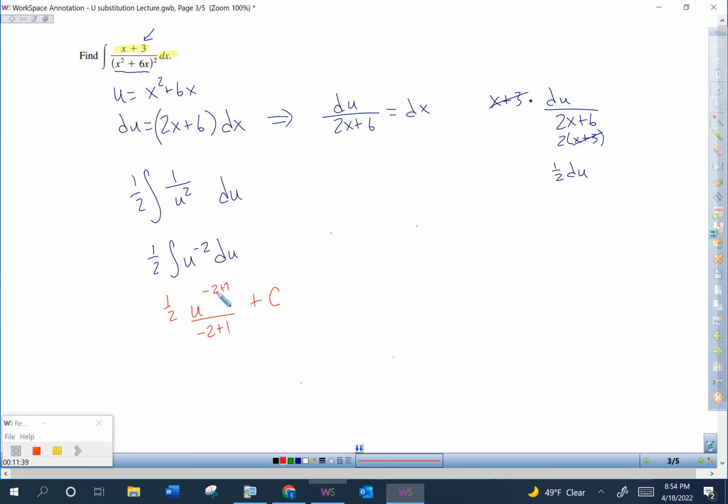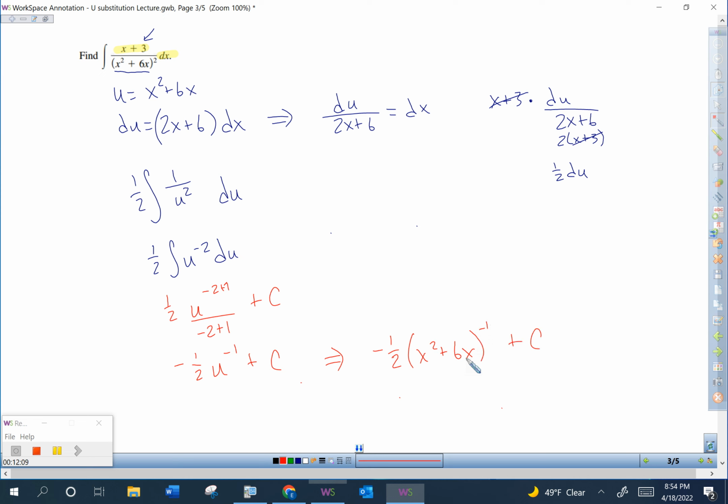So here, a negative 2 plus 1 is a negative 1, and I'm dividing by negative 1 as well. Dividing by negative 1 just puts a negative out here. That's okay. And then we can substitute and rearrange if we'd like. So negative 1/2, this is x squared plus 6x to the negative 1 power.